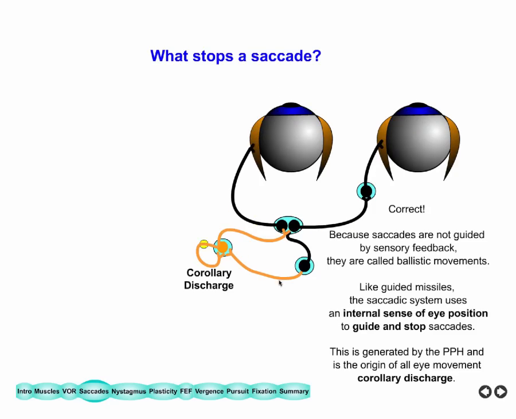The brain sends a signal to move the eye, and a copy of this movement is stored inside this reverberating circuit. So the eyes move like a guided missile. This burst neuron shoots the eye off, and then the system relies on this signal to stop the eye. Okay? How does it do that?